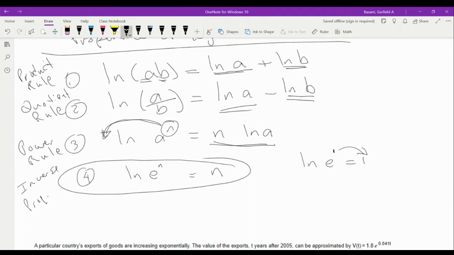And basically, this is what I was saying in the last problem when I said that MyMathLab got ahead of itself. Because in essence, the ln and the e cancel out, leaving us with just the exponent. And the reason is because there's a base e here, and whenever these two are the same, the answer is just the exponent. And that's the inverse property of log.